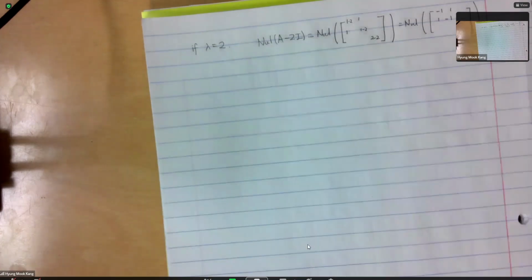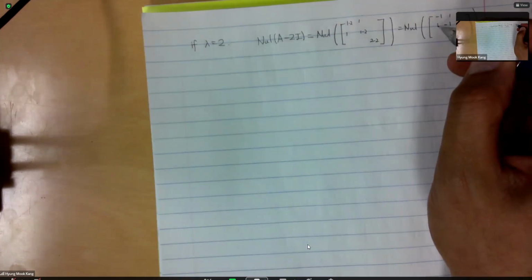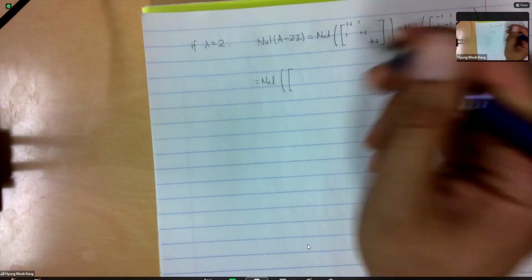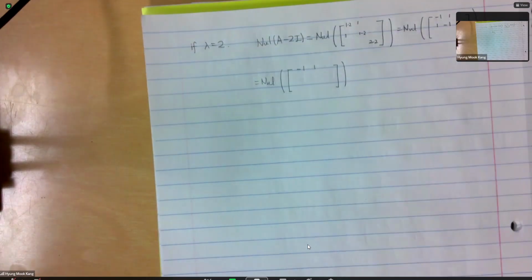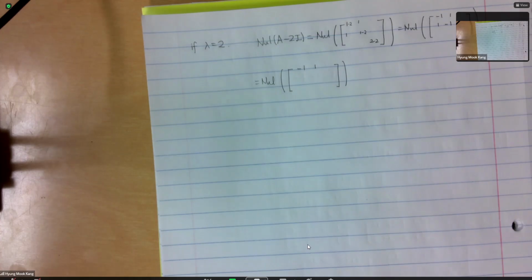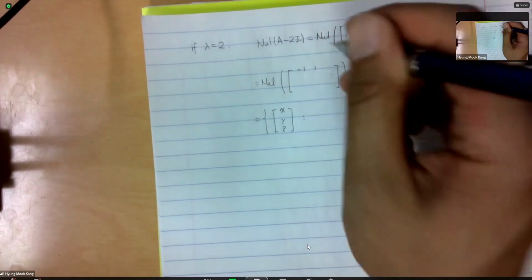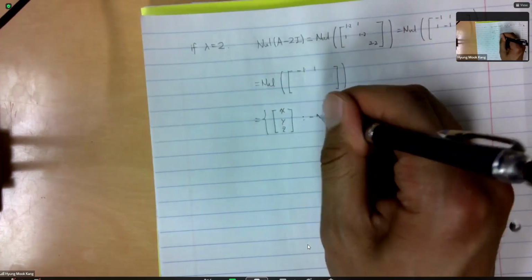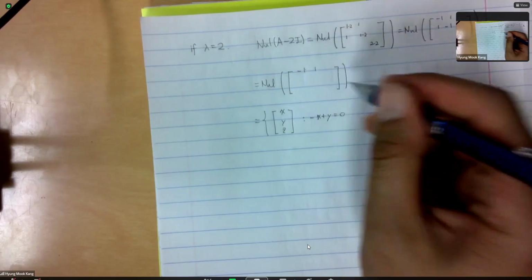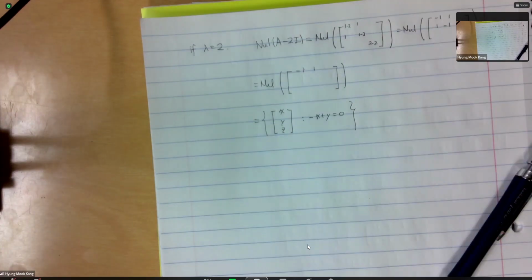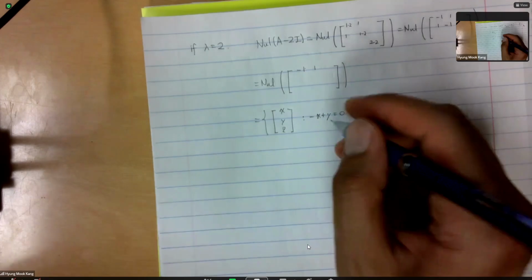I'm just going to do row reduction. So first pivot, eliminating, boom. It's basically the null space of negative 1, 1, all zeros. It's just really trivial. So this is the set of all x, y, z such that negative x plus y equals 0. All the others are just zeros, they go away. I'm just omitting a little bit of calculations and formalities to avoid redundancies. So negative x plus y equals 0, so x equals y.